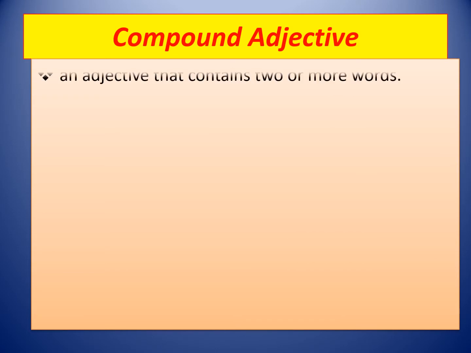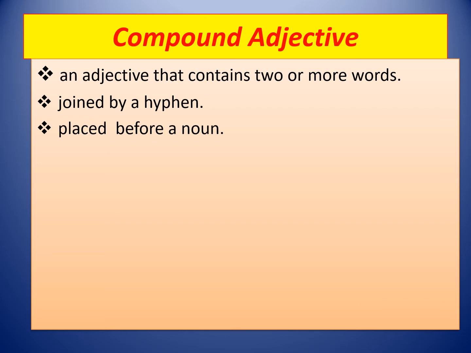A compound adjective is an adjective that contains two or more words. These two or more words are joined by a hyphen. Compound adjective is placed before a noun. Students, most of the time we place compound adjective before a noun.